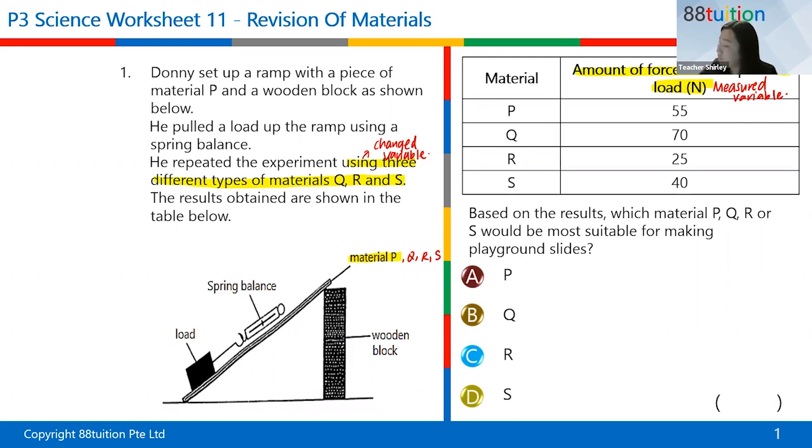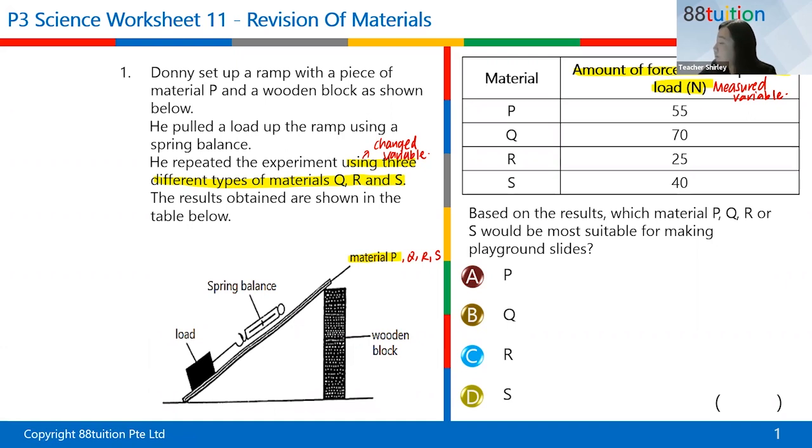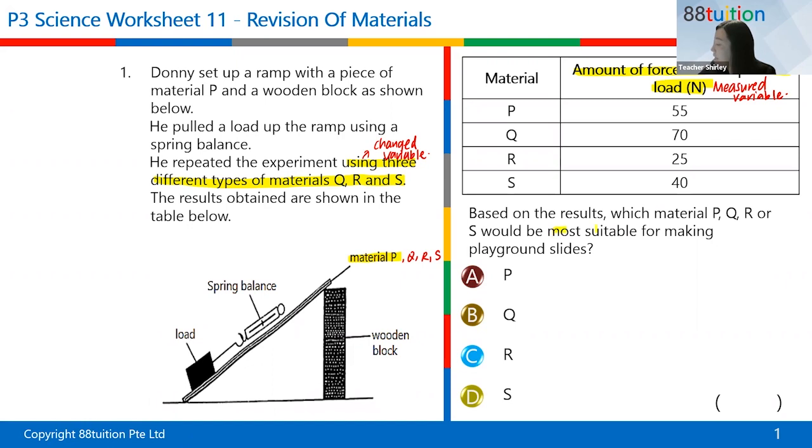So let's go to the main question. They ask which material is more suitable for making playground slides. So obviously for playground slides, what are some of the properties that you want for a playground slide? Plastic. Plastic, okay.